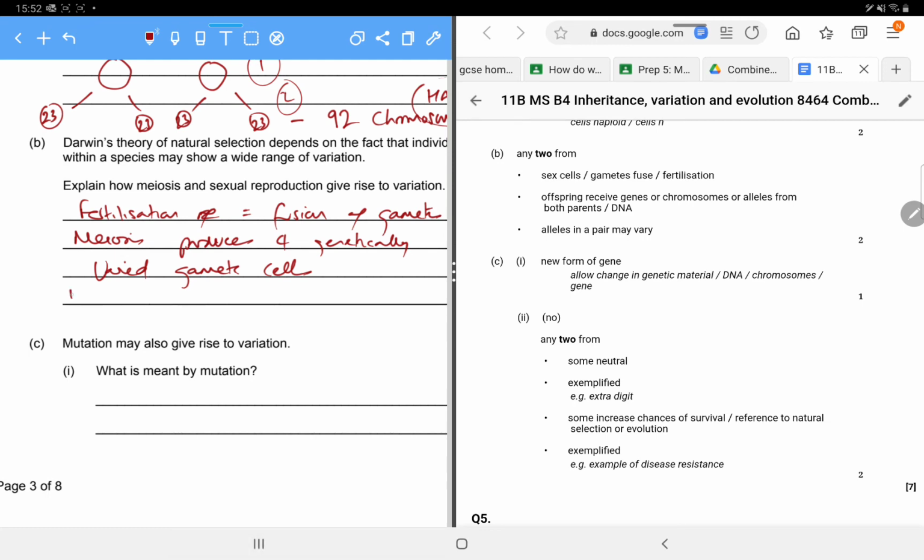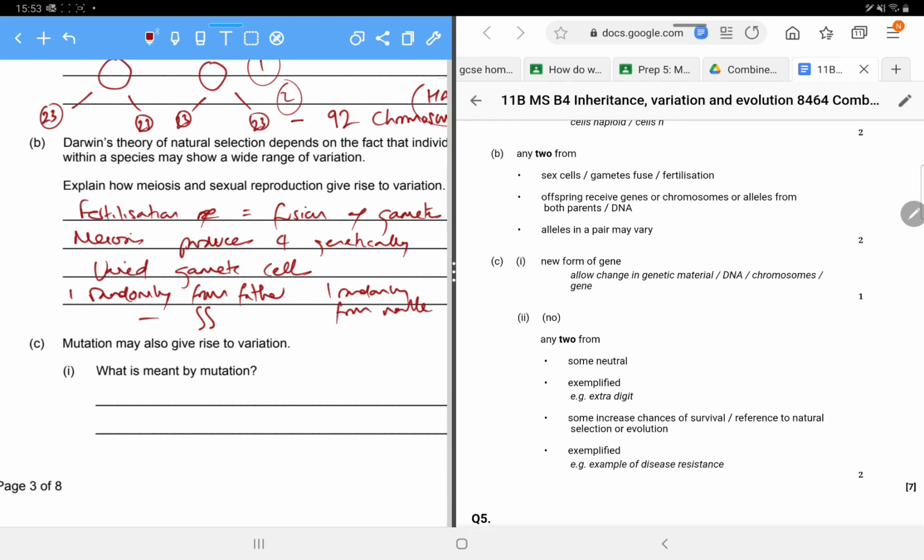Because you get one randomly, for argument's sake, let's imagine that it's an animal, one from father, one randomly from mother, you'll have two chromosomes lining up against each other randomly, and therefore you'll get two varied alleles.